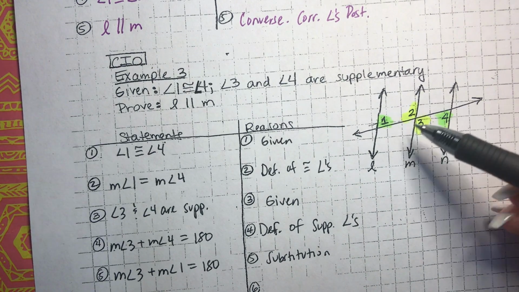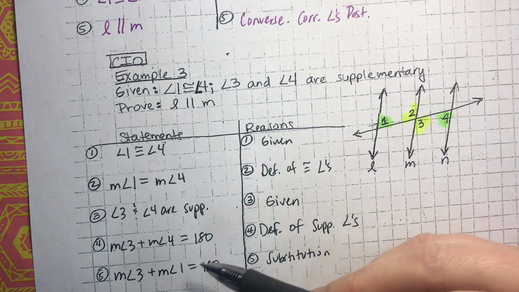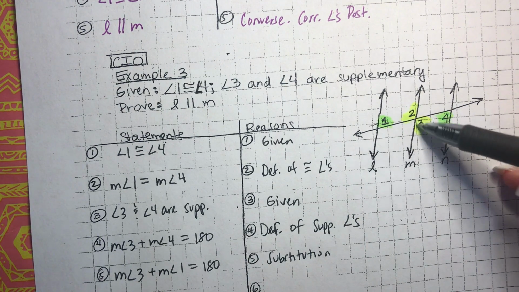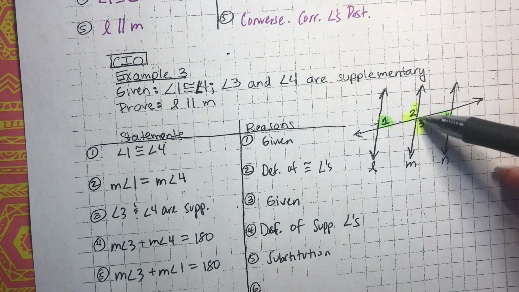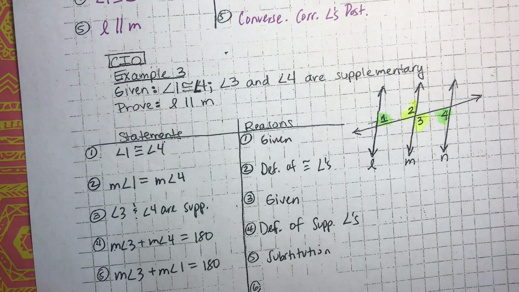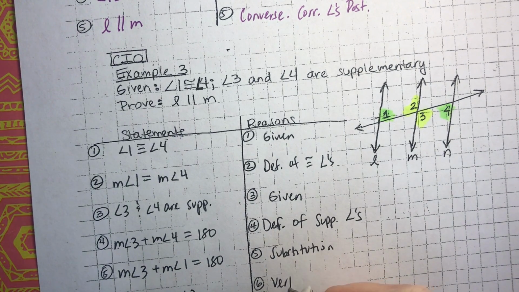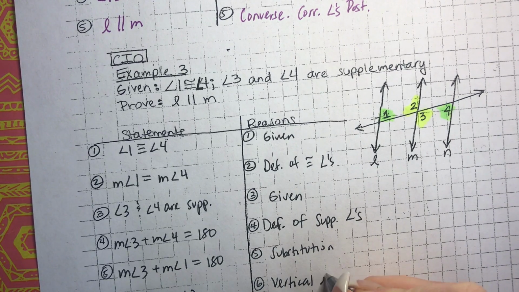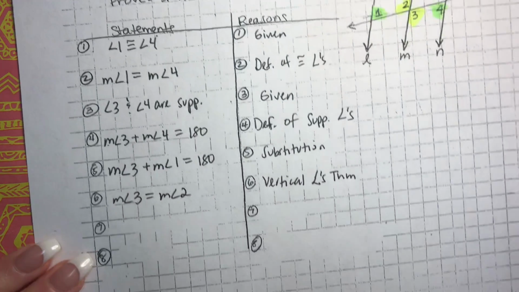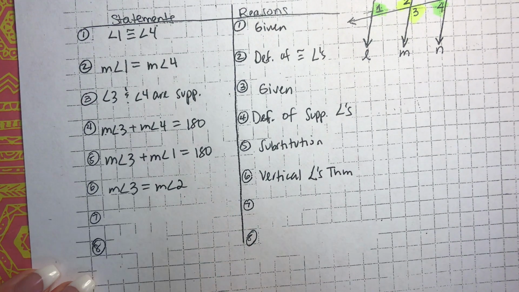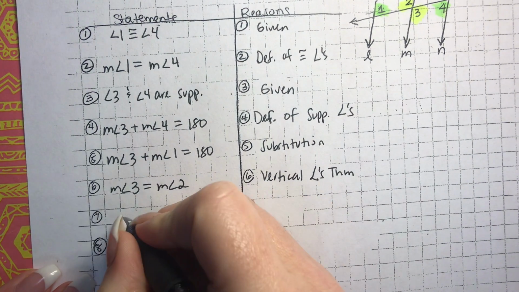So I'm getting closer, but I need that measure of angle 2. How can I do that? Well, I can show that these are congruent, right, by the vertical angles theorem. So I'm going to say measure of angle 3 equals measure of angle 2 by the vertical angles theorem. Then just go ahead and substitute that in, right?